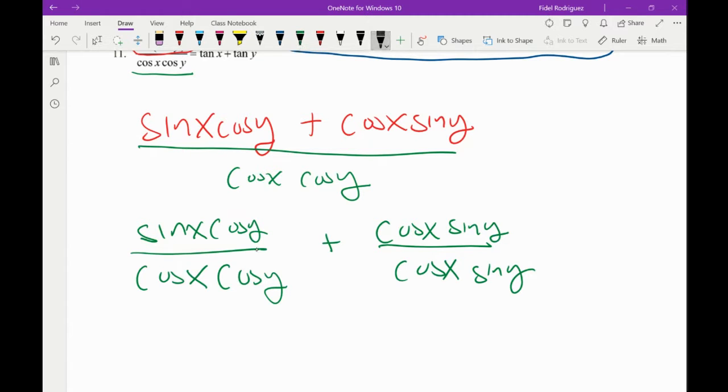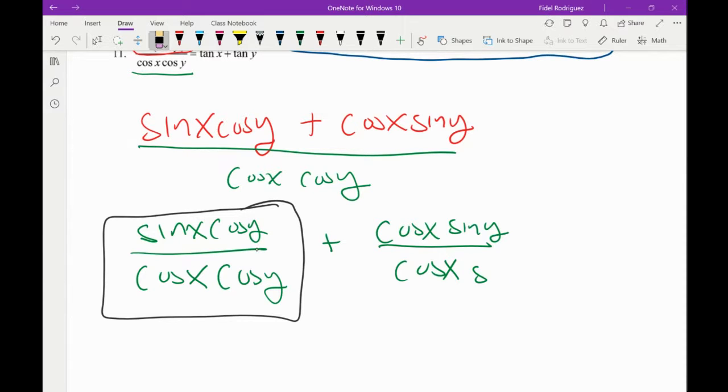Let me ask you a question. Oh yeah, sorry, that was my bad. It was what? Cosine y? Thank you. Okay, let's look at that first fraction that I put a box around. Anything there going to cancel out? Anything on the top exactly the same as on the bottom?